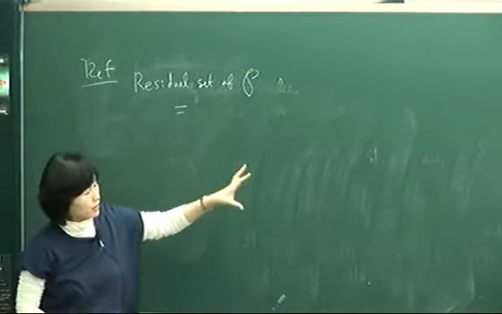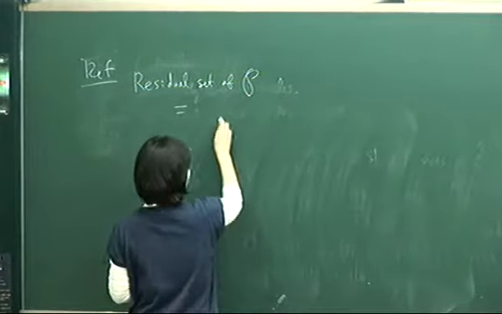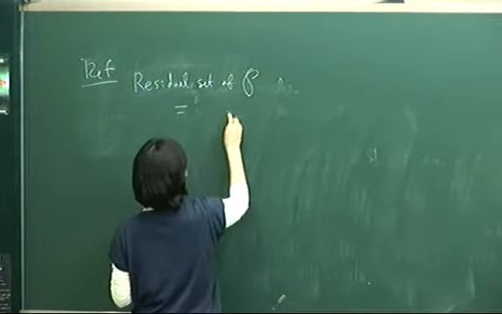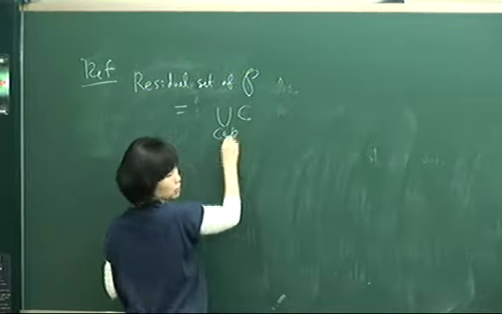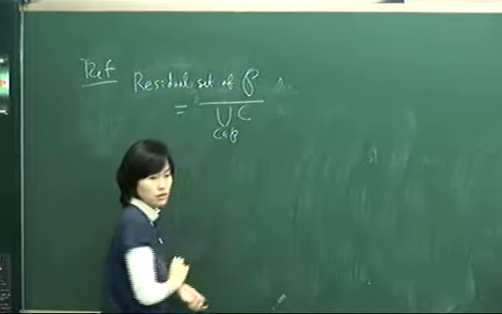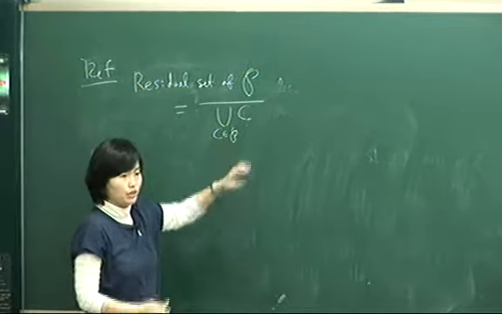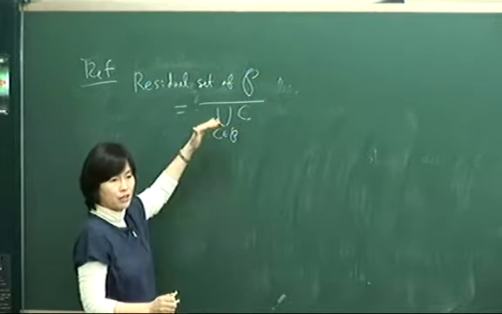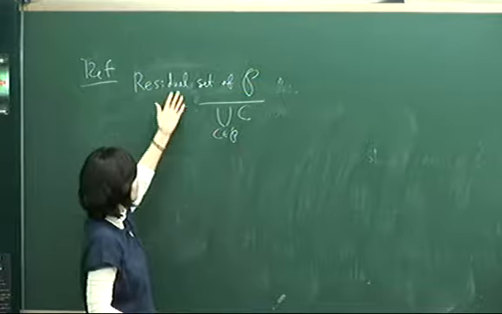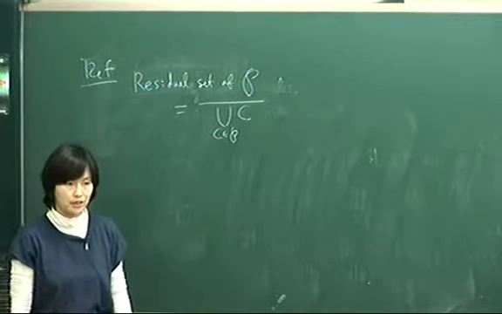For a given packing, the residual set of P will be simply the closure of the union of all the circles in P. So I take the union of C from P, but take the closure. Of course, each C is just a circle, and we have countably many circles. But if you take a closure, then the residual set becomes a fractal-like set.